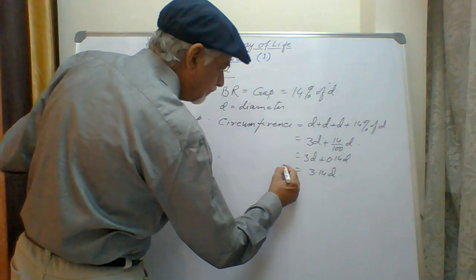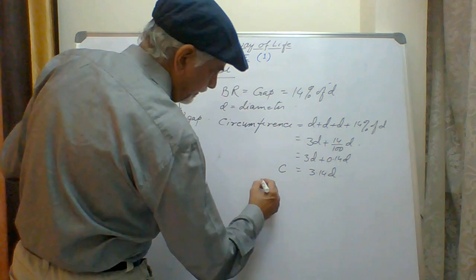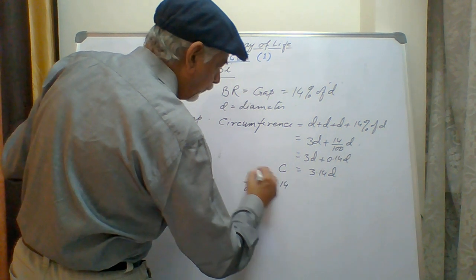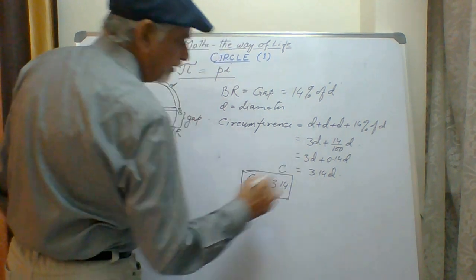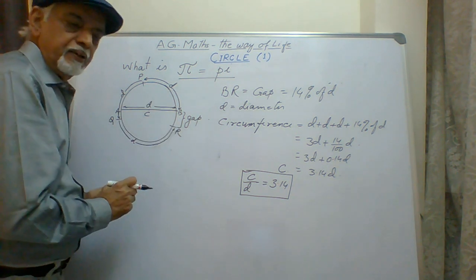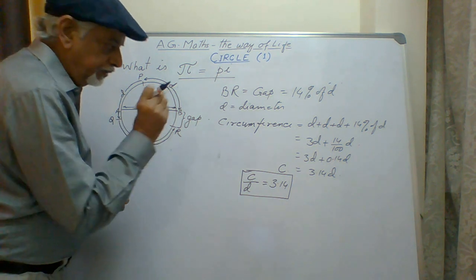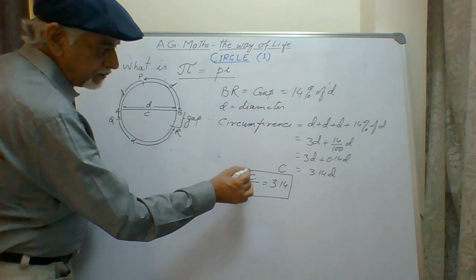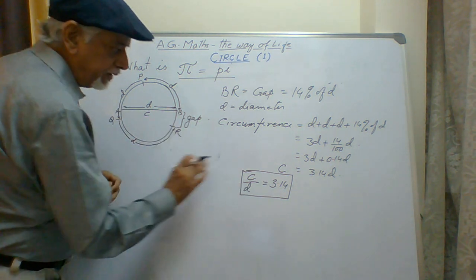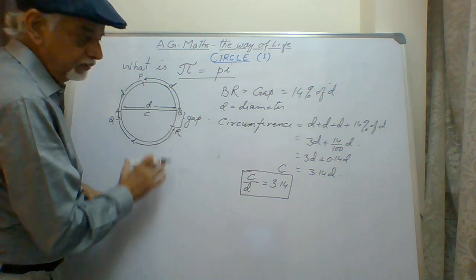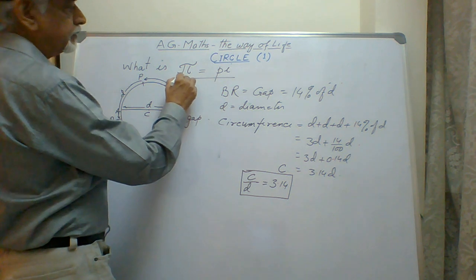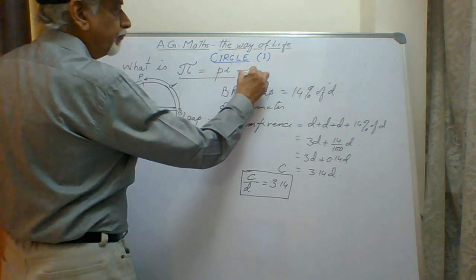If I call this circumference C, then we say that C over D is always 3.14. This is a numerical number, a magic number, which will always come. Draw any diameter of a circle and perform this exercise. You will conclude that when the whole circumference is measured and divided by the diameter of that individual circle, you get a value of 3.14, and the mathematicians called it pi.